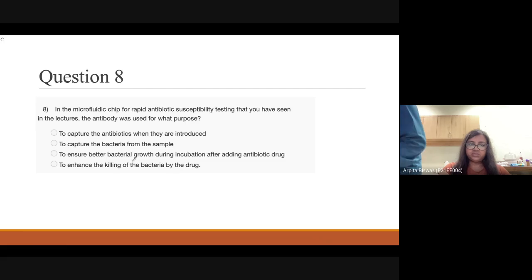The right option is to capture the bacteria from the sample. So option B is the right answer.